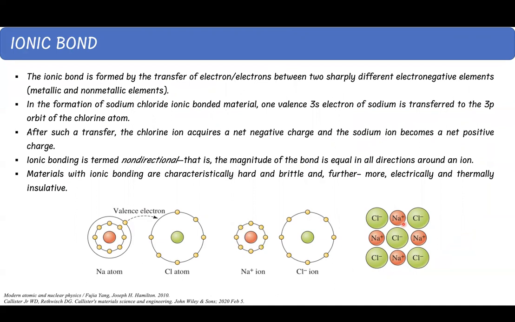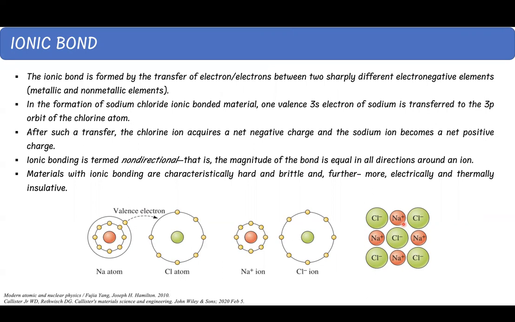The left side has the metallic elements and the right side has the non-metallic elements. So ionic bonding is formed between metallic and non-metallic elements. For example, sodium and chlorine.